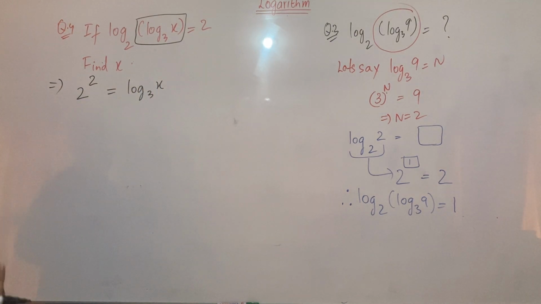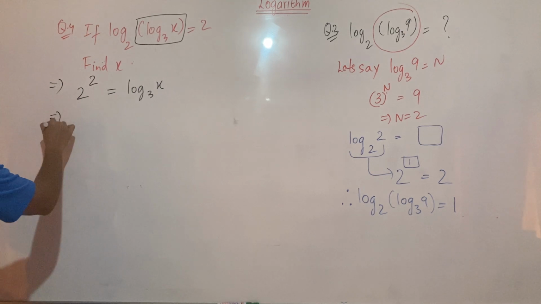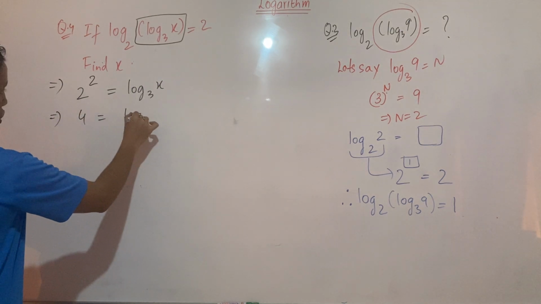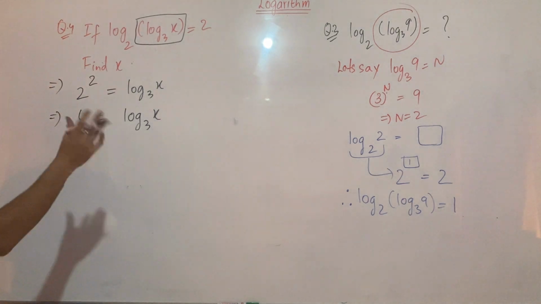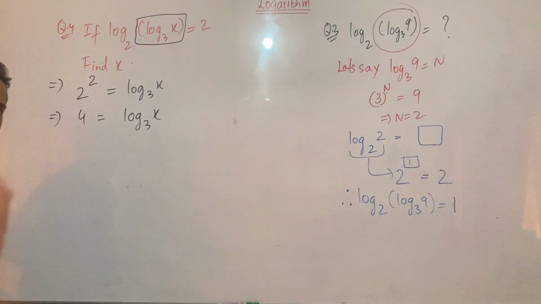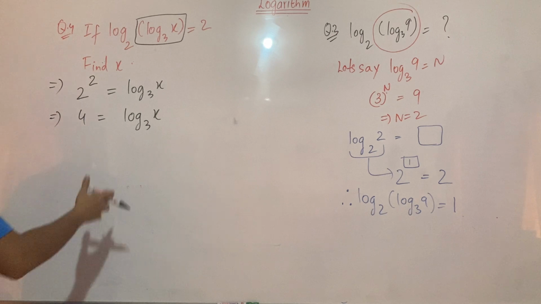Now, things are easy. So I can say 4 equals log x to the base 3, right? Now you have to find x. What does it mean?